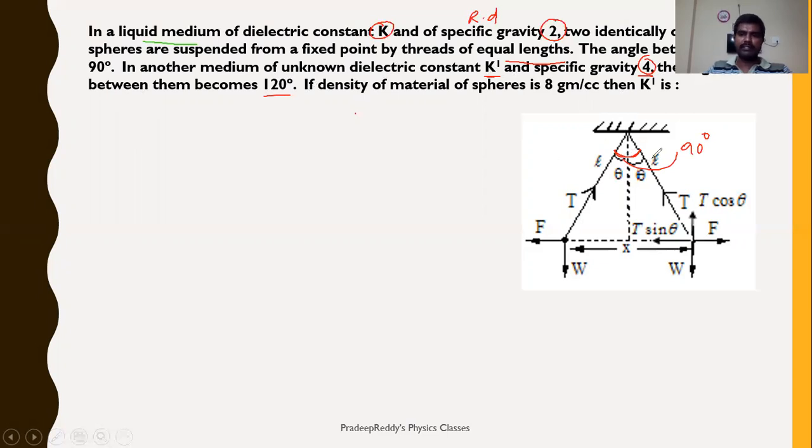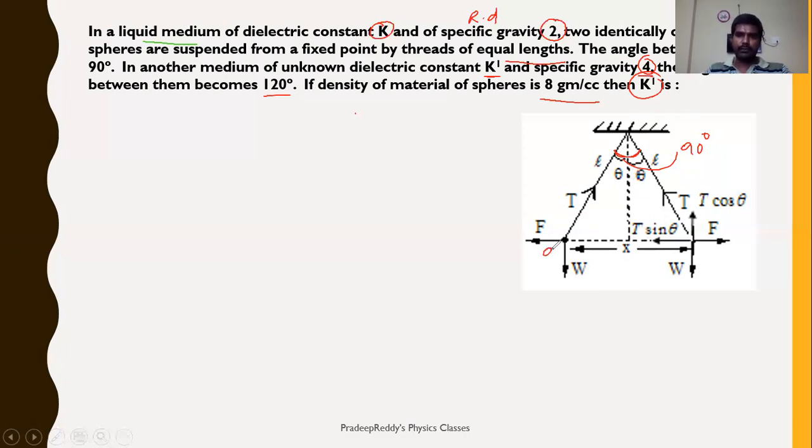Now this angle undergoes change because the dielectric constant is varying as well as the specific gravity is varying. If the density of the material of the sphere is 8 gram per cc, then find out the value of K dash.